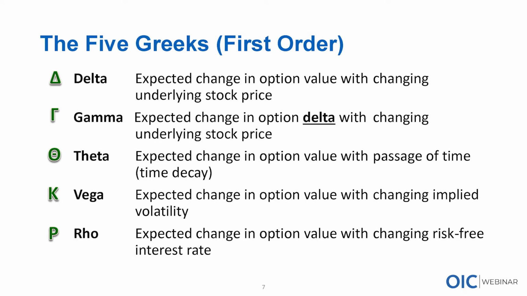The second and third order Greeks take the analysis to a much more granular level, but these are the 5 main Greeks that you need to be concerned with. When I was trading over my career on the trading floor, these are the 5 Greeks that I dealt with. I never dealt with second and third order Greeks. Not to say that there's not value there, but these are the Greeks that you need to primarily be concerned with, these 5 right here.